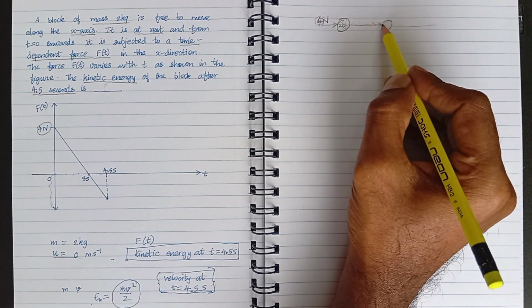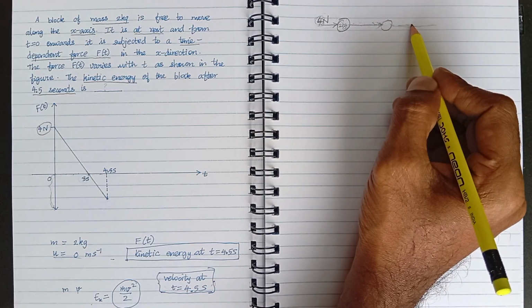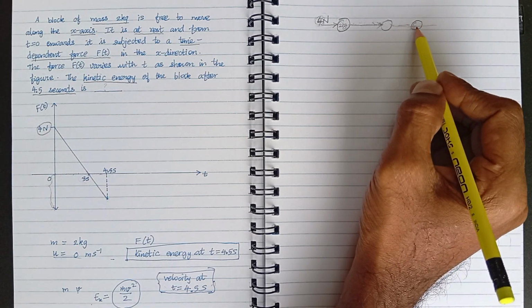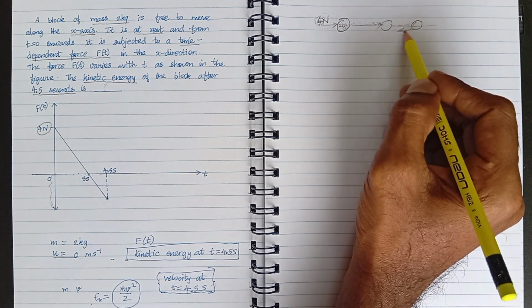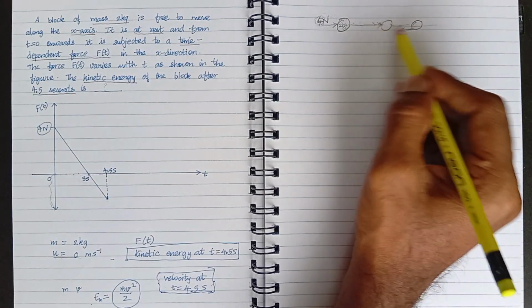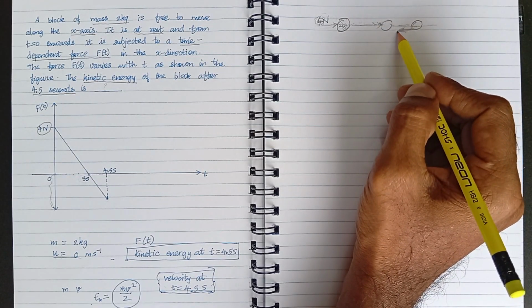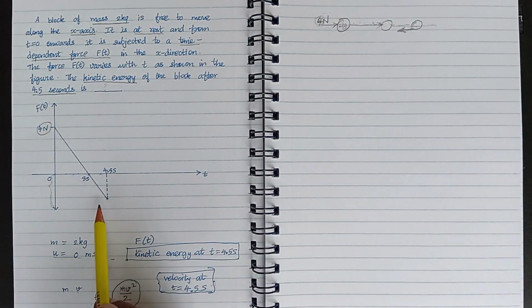Eventually this force reduces to 0, and after 3 seconds it starts to apply in the opposite direction. This is just the direction of force, not the direction of movement of this block. The force reverses. And given this data, we are required to find the kinetic energy at time t equal to 4.5 seconds.